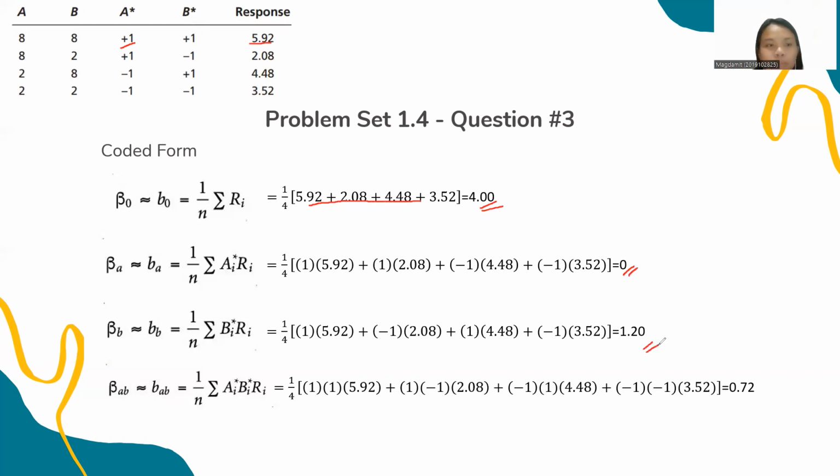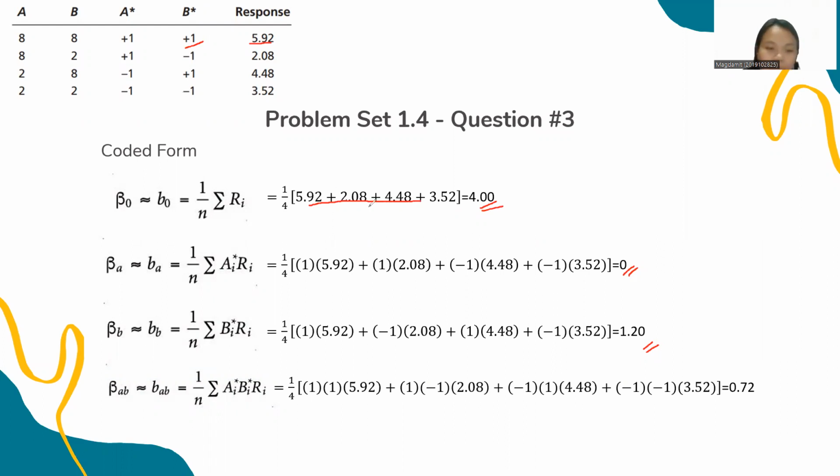For our third term, we follow the same process as for the second term. However, instead of multiplying the responses by their corresponding a asterisk values, we will multiply them by their corresponding b asterisk values. So for our third term, we have a value of 1.20.